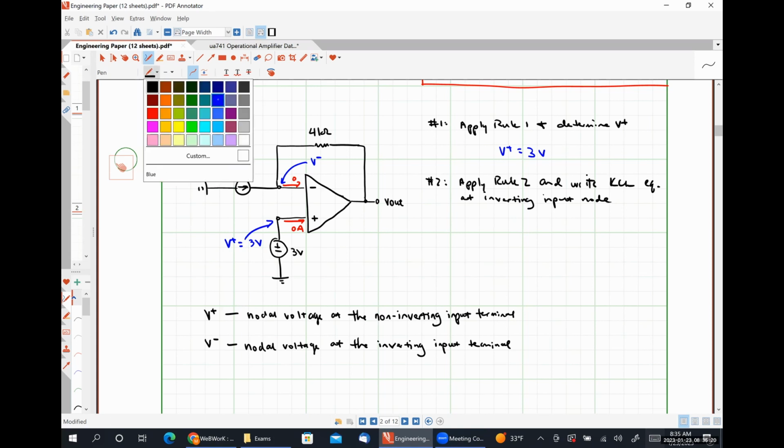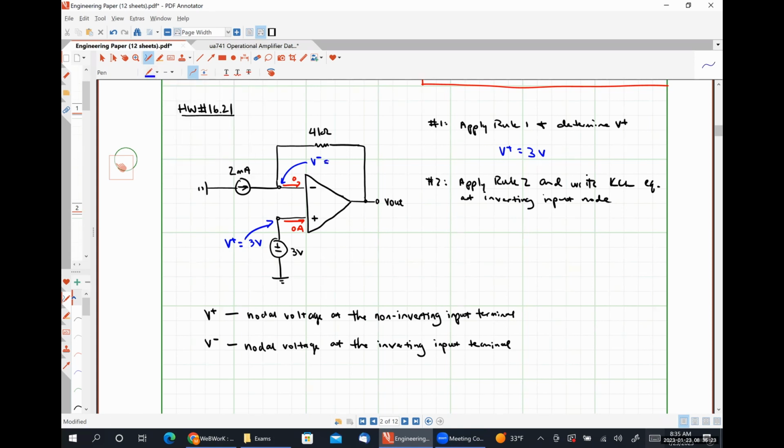So what is the voltage here at V minus? Also 3, absolutely. All right.